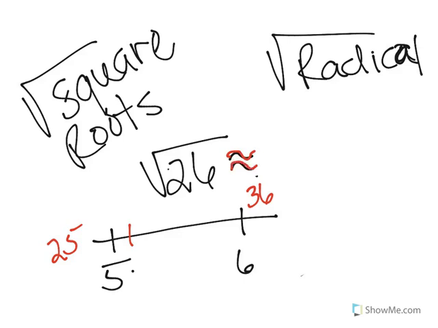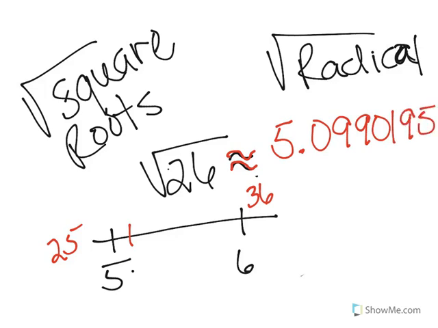Because my number is, let me go ahead and write the answer. I've run out of room. This number goes on forever. It has a decimal. Again, there is no pattern, but it goes on forever, which means it's an irrational number.